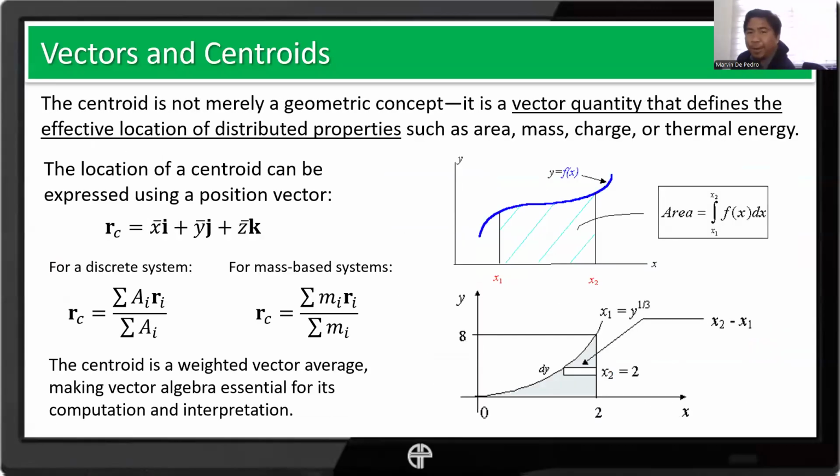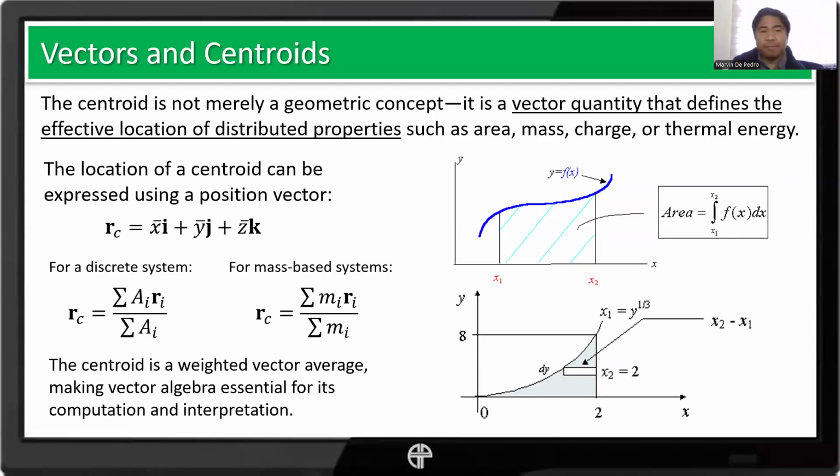Moreover, the center is not merely a geometric concept. It is a vector quantity that defines the effective location of distributed properties such as area, mass, charge, or thermal energy. And like what we mentioned earlier, the location of a centroid can be expressed using a position vector. Remember the IJK unit vectors.